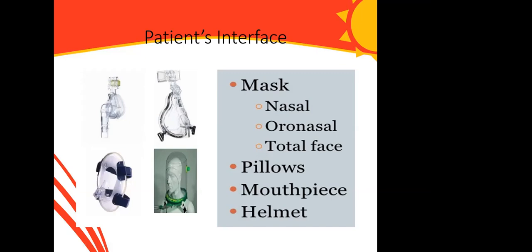You can do an oronasal mask, or you can have the total face mask, as you can see here. Other necessary adjuncts include a nasal pillow, a mouthpiece, and sometimes a helmet. So this ventilatory support is delivered through this interface.